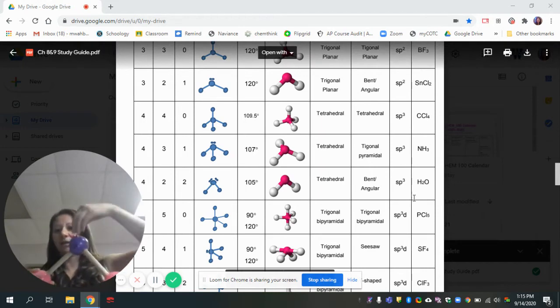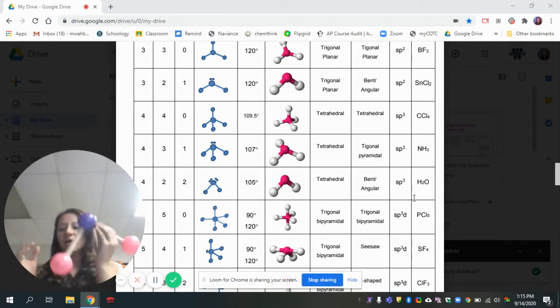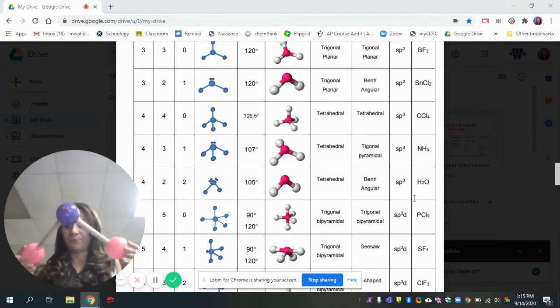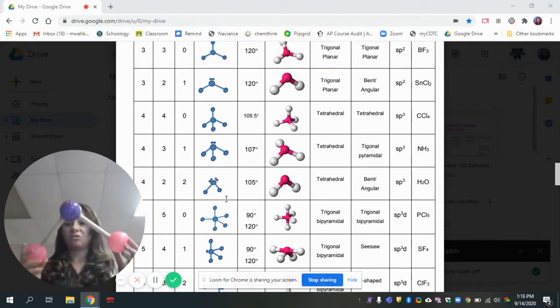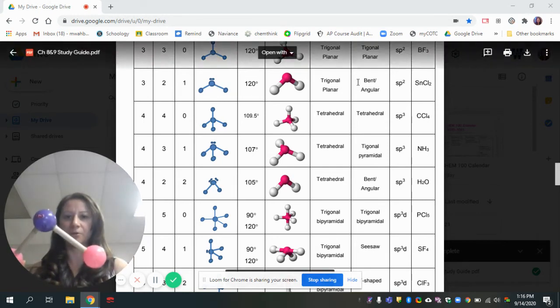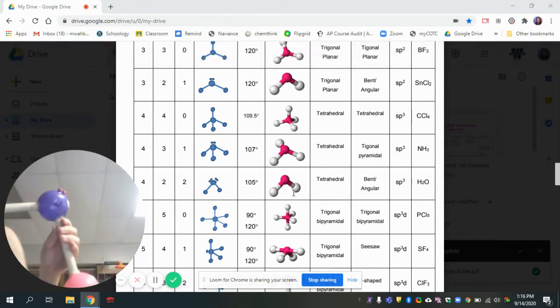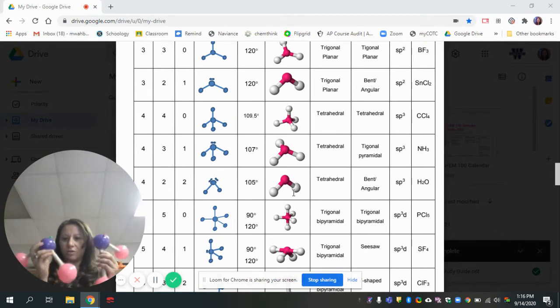The shape that the electrons make is still a tetrahedral if you look at just the shape of the electrons, but the shape of the molecule is different. This, if you draw your central atom and 2 things coming out at 109.5, that looks like a bent or an angular. Now notice we had a bent or an angular up here, so what's the difference between this one versus this one? Well, they're the same shape, but there's a different number of areas of electrons.